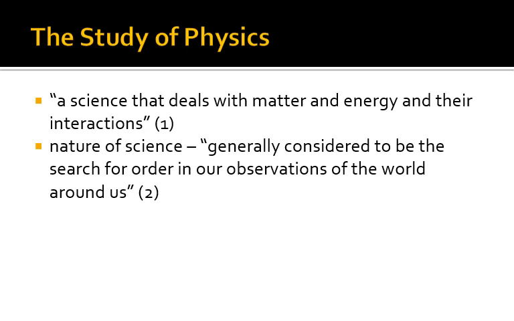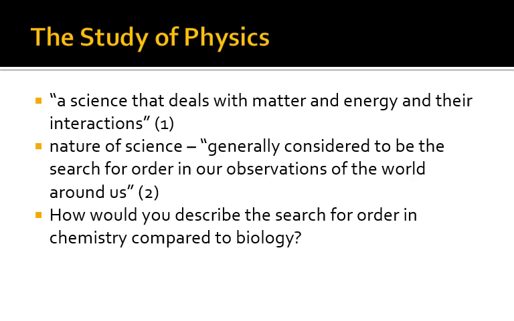Science in general is considered to be the search for order in our observations of the world around us. So physics falls underneath that, and if you think of the other disciplines, you can consider that as well, trying to find order and patterns in what we see. And so what I like to ask in class is, how would you describe the search for order in chemistry compared to biology?